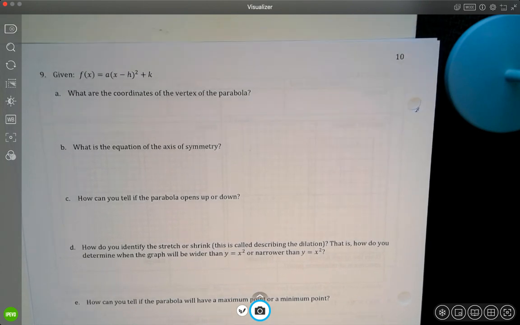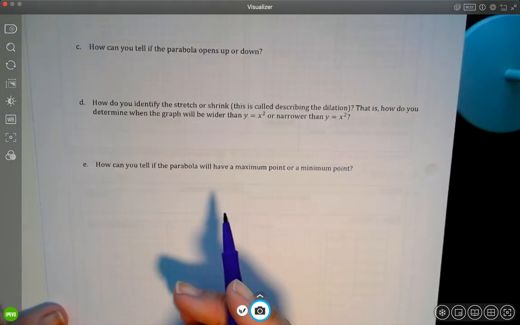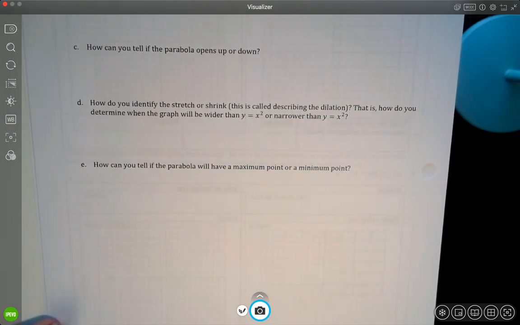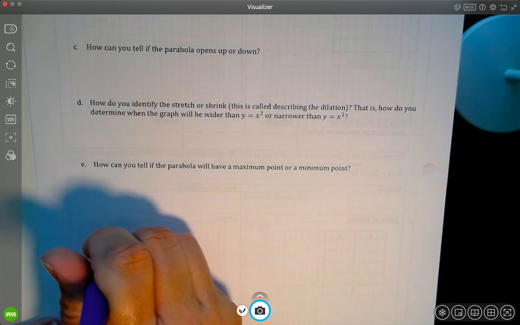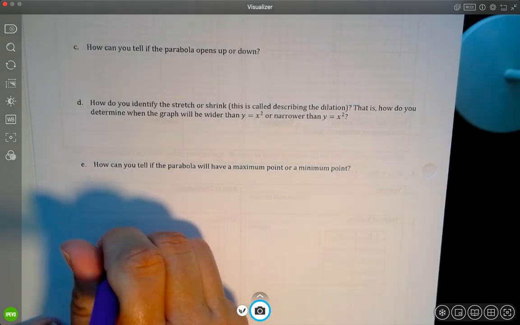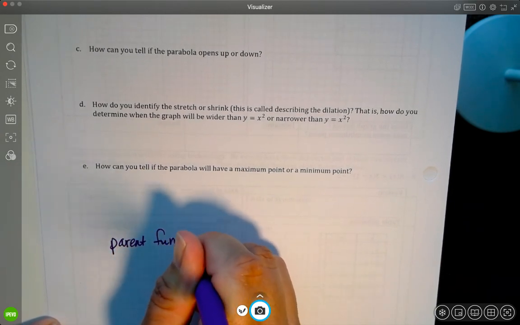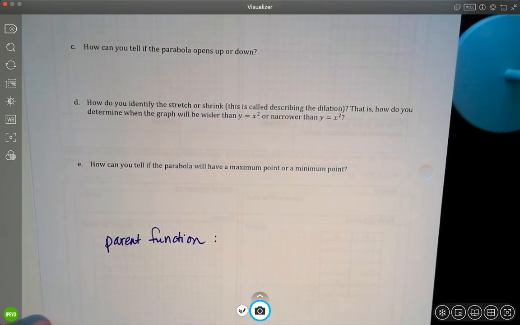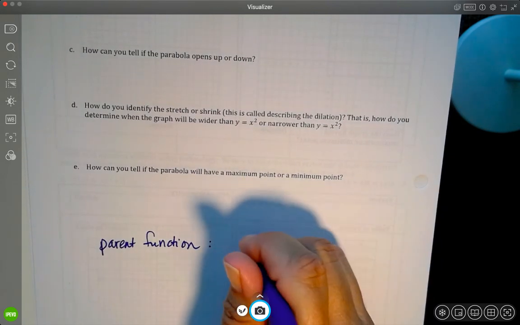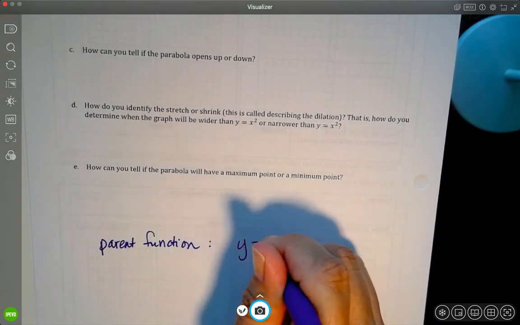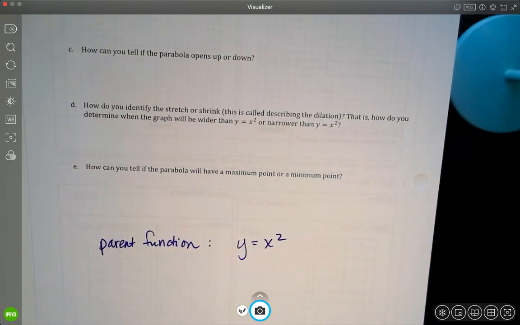Okay, so the first thing that you need to understand is that quadratics have a parent function. The parent function of a quadratic is y equals x squared. So that's like your basic starting quadratic function.